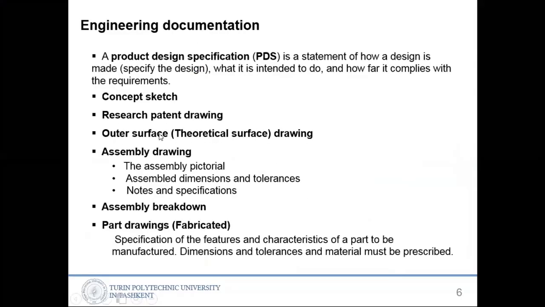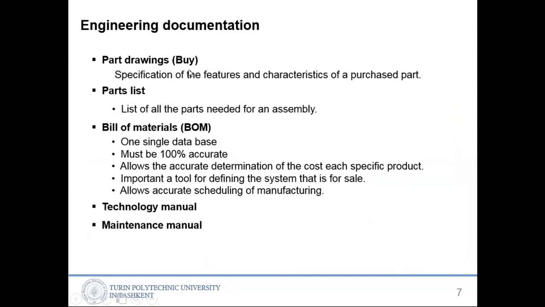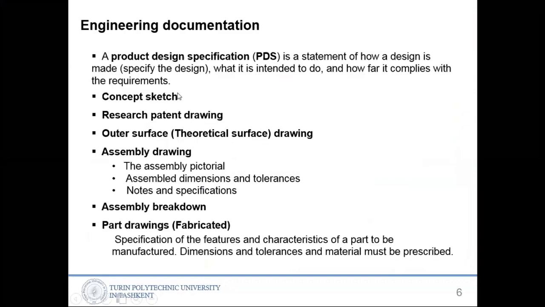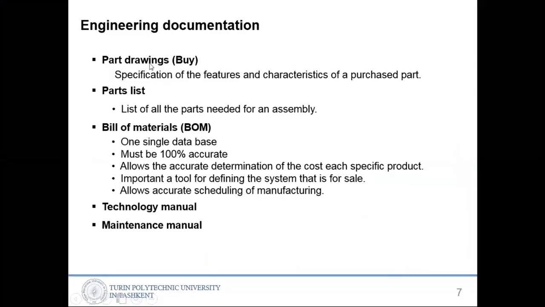Part drawings for fabrication and for buying will vary. So the two part drawings are different. That one is for engineers, for fabrication. The part drawing for whoever is buying the product will be different. By using this part drawing, you can see the features and the characteristics of the purchased part.